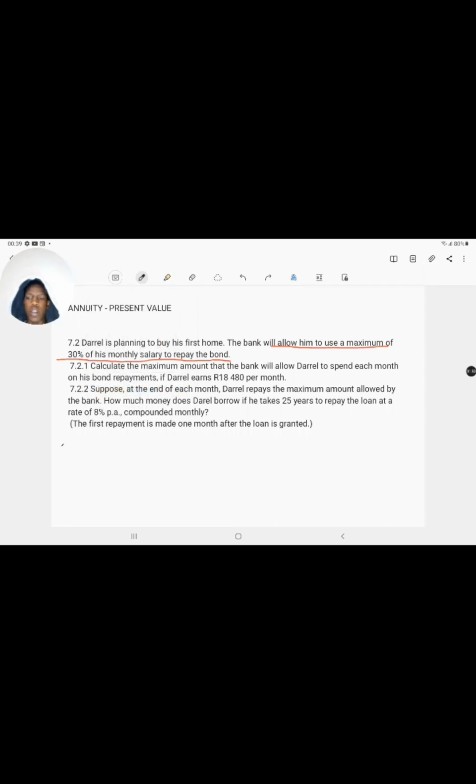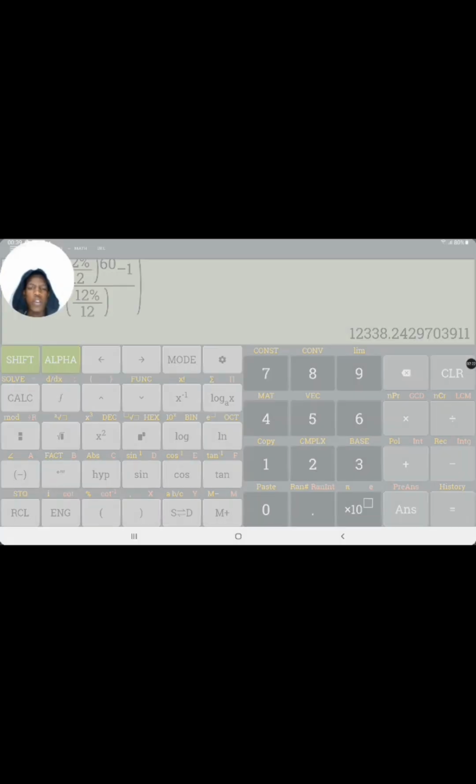Okay, so 7.2.1: bond is equal to 30% times 18,480. If you punch that into your calculator, let's do that right now.